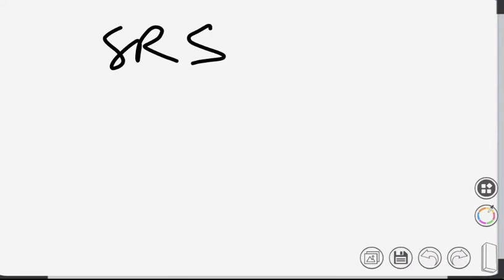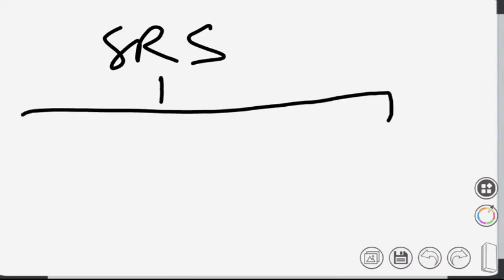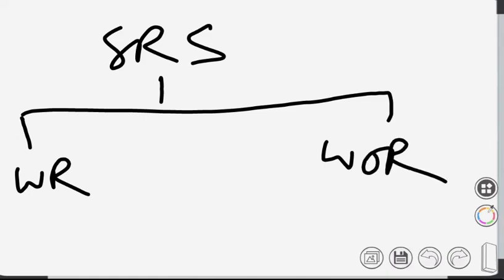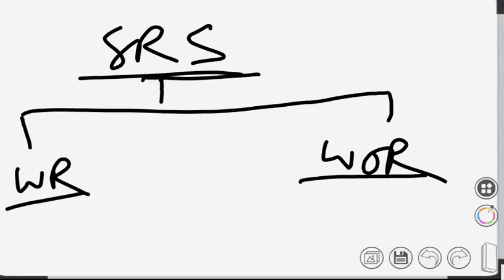There are two types of simple random sampling: simple random sampling with replacement and simple random sampling without replacement.